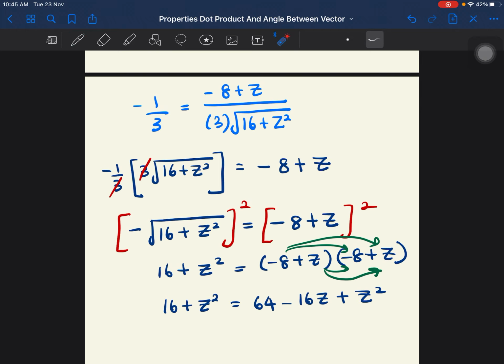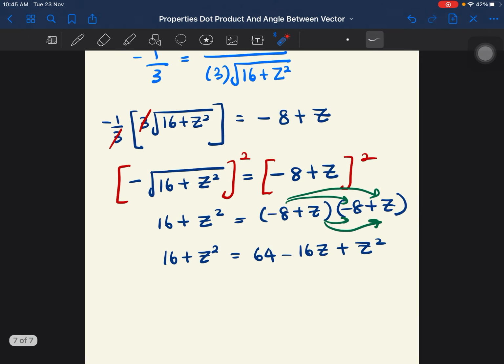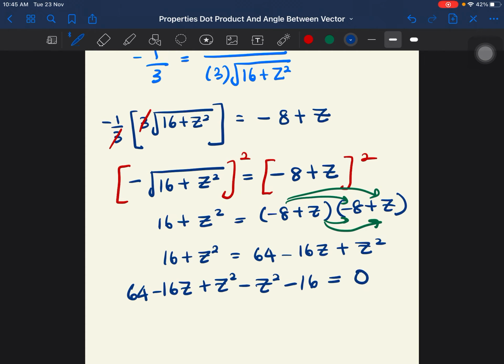Okay, so bring all of this to the left hand side will give you 64 minus 16z plus z squared minus z squared minus 16 is equal to 0. As you can see here, the z squared you can cancel out.